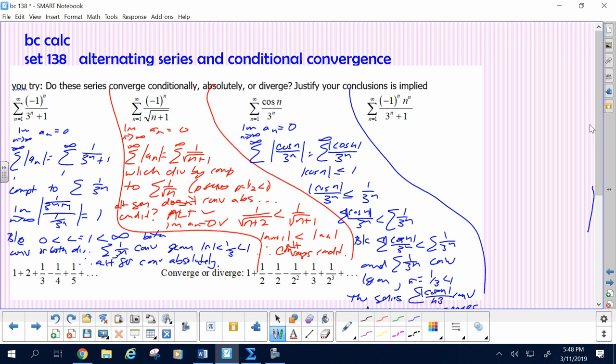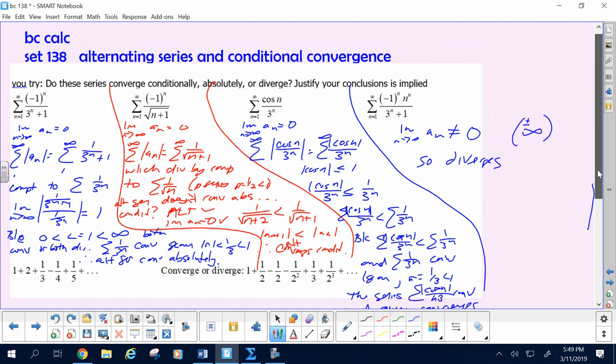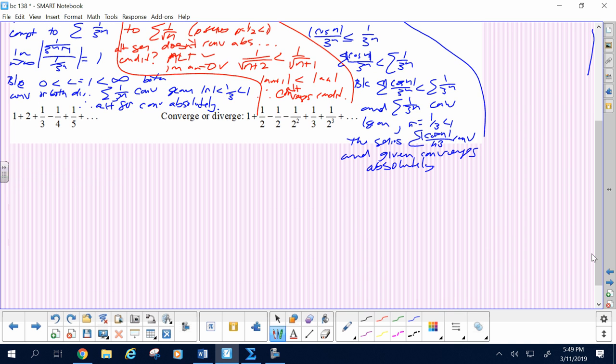This guy, the terms is not 0. Don't say it's infinity because it bounces back and forth. I guess you could say it's positive or negative infinity, but it's really just oscillating back and forth and definitely not going to 0. So, gosh, we're done. This diverges.